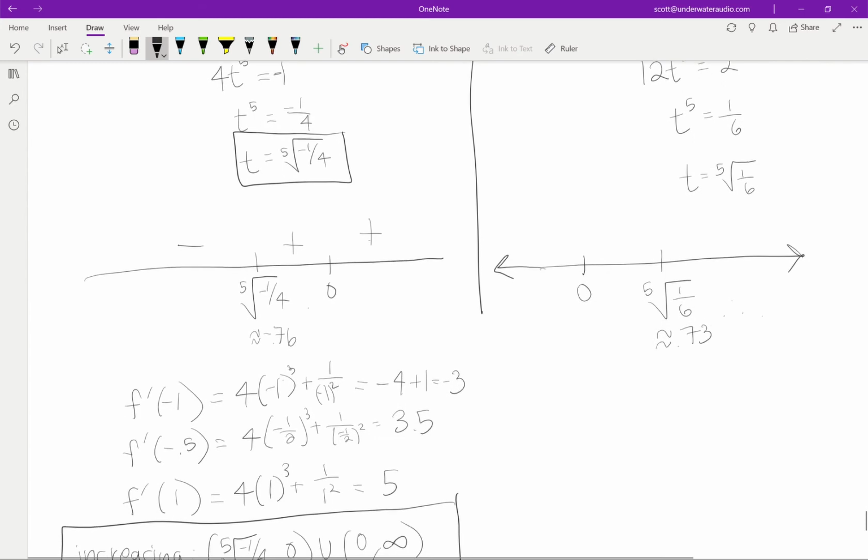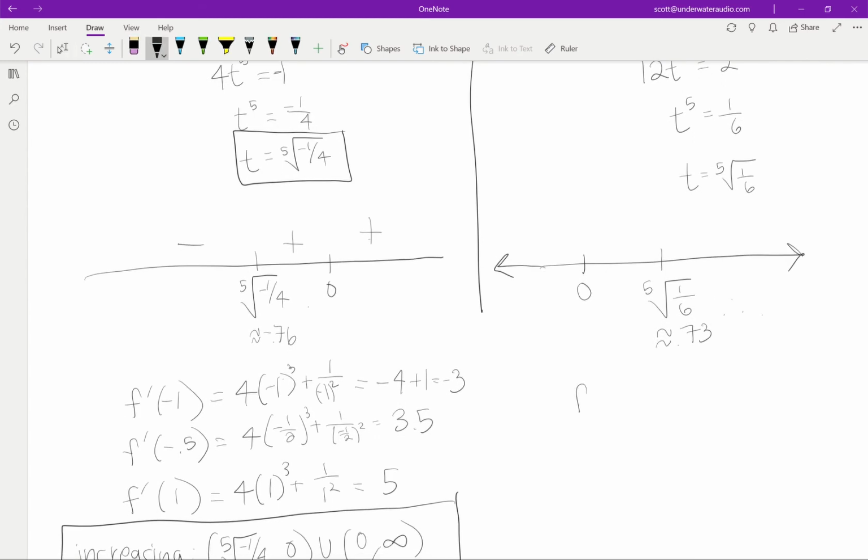Close enough. In my second derivative, I can plug in negative 1 for this interval, and then 1/2 for the middle interval and 1 for the outside interval.